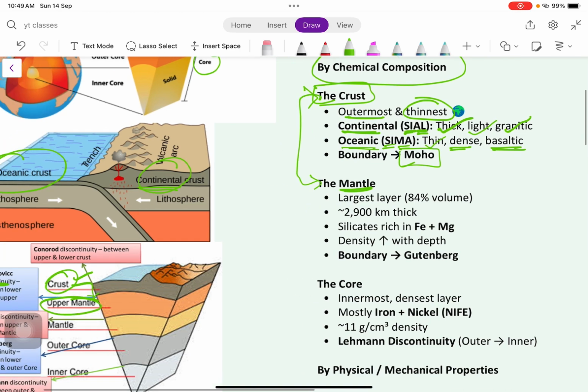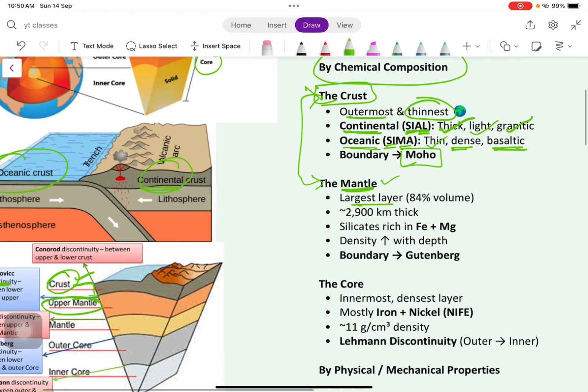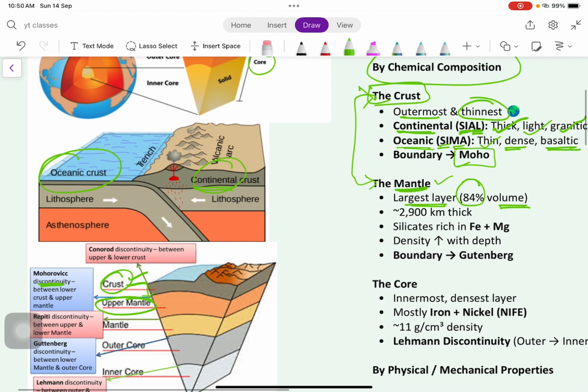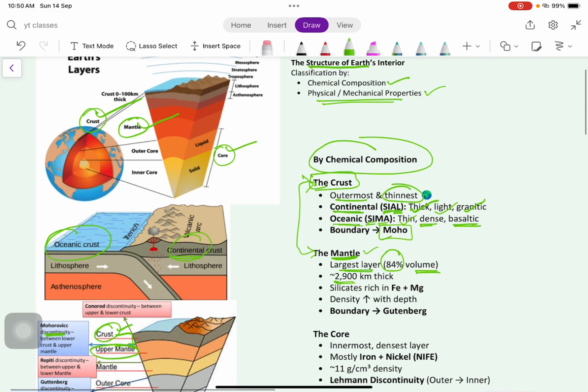So after the Mohorovicic discontinuity we will find the mantle, and the mantle is the largest layer, which is almost about 84% of the total volume of the earth. It is about 2900 kilometers thick. See, this is the mantle layer, right? And then we can see the core layer.